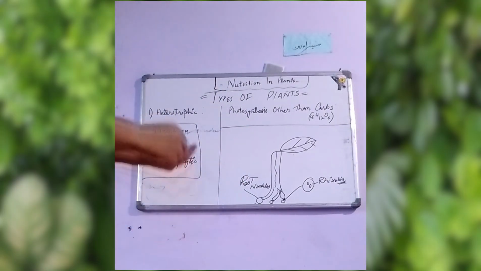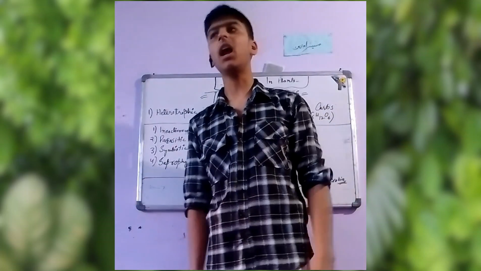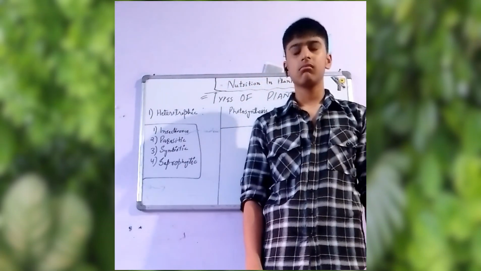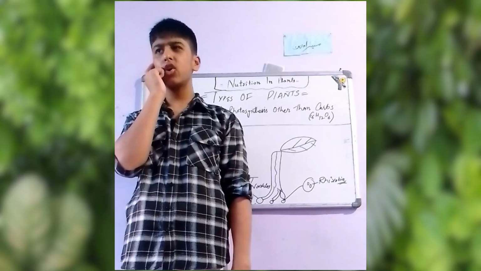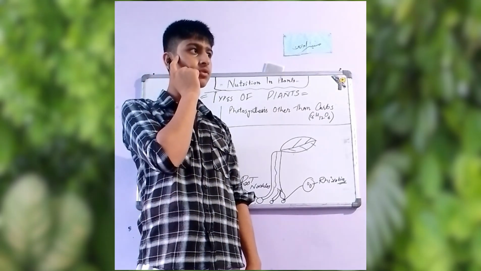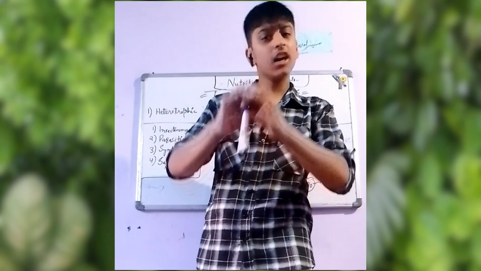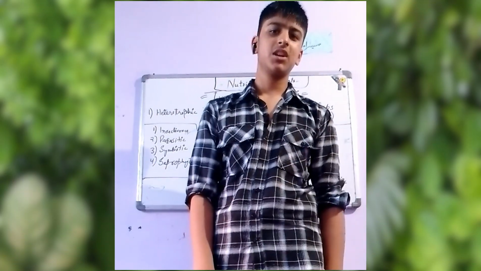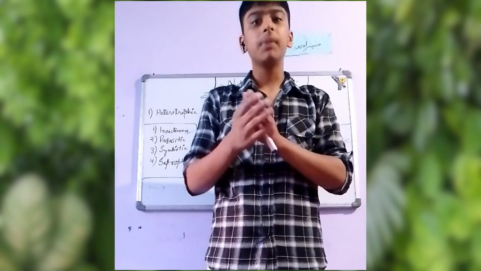And then parasitic plants. What are these parasitic plants? Guess. Have you not heard any word related to parasite before? No. Parasitic plants are those plants which obtain their nutrition from other plants.